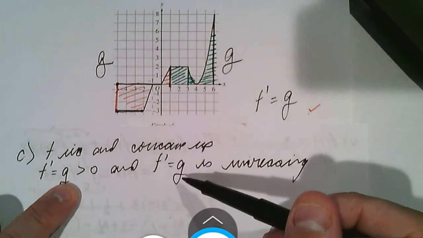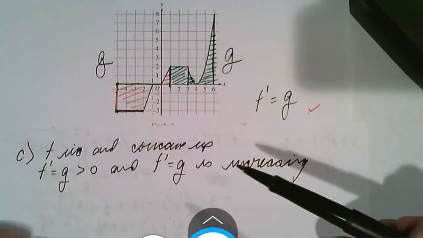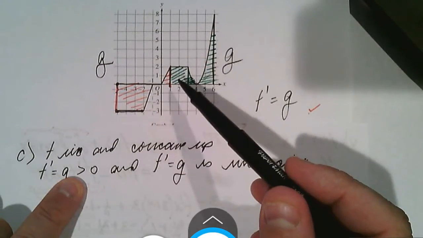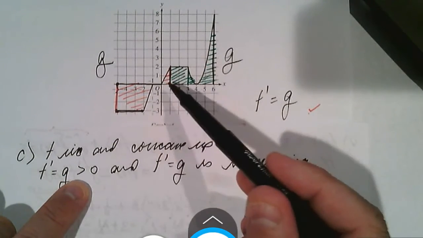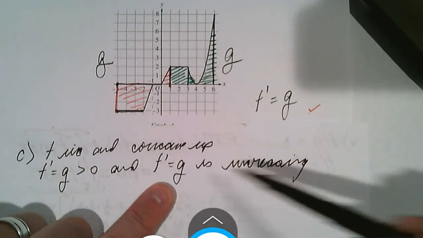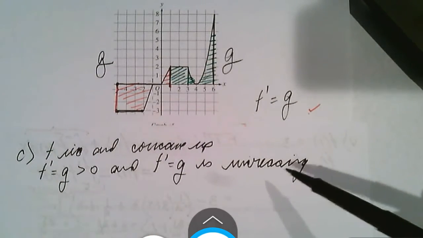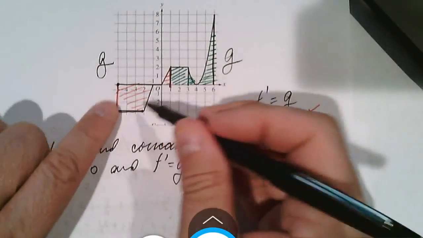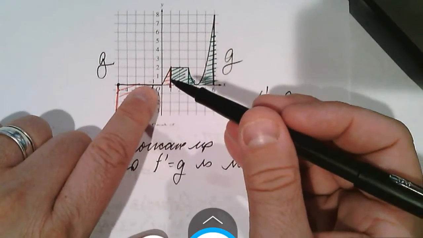So I'm looking at the graph of g and asking where on the interval -5 to 6 is the graph of g positive, above the x-axis, and at the same time increasing. If I look carefully at the graph, I'm below the x-axis over here.